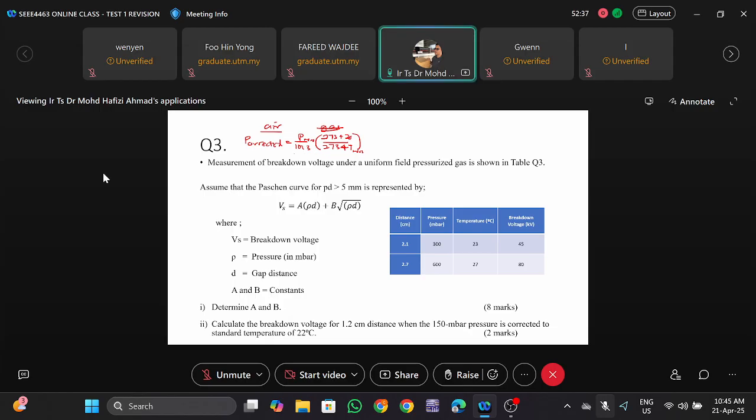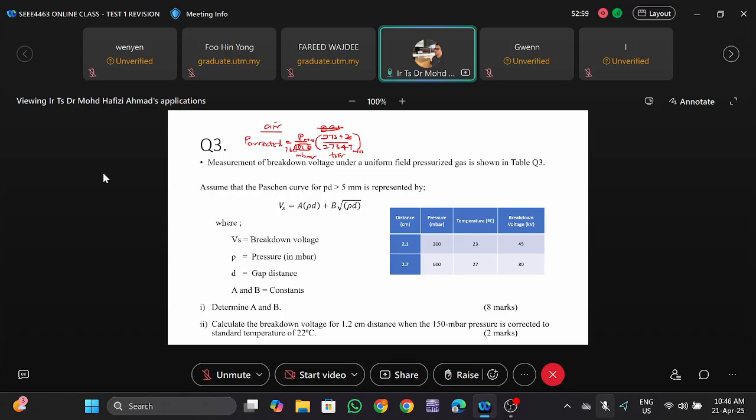If the pressure is given to you in millibar, divide by 1013. If it's given in ATM, you should divide by 1.013. If the pressure is given in torr, you must divide by 760.